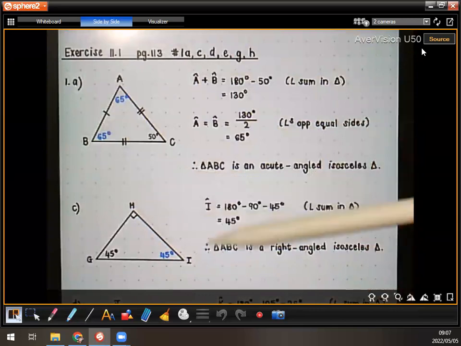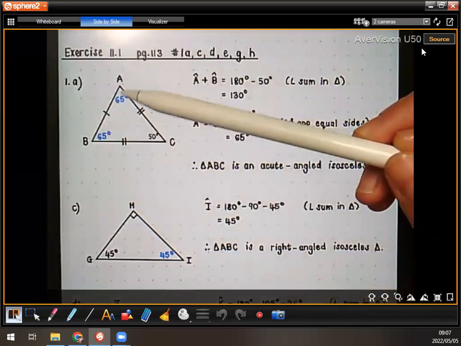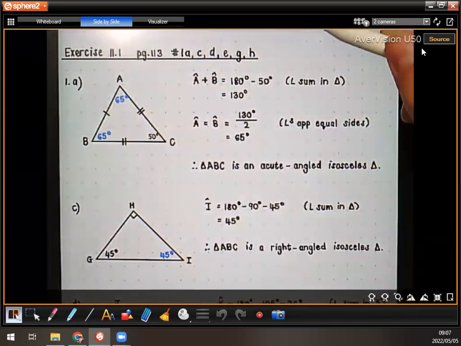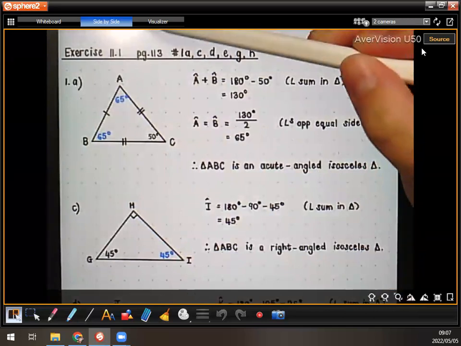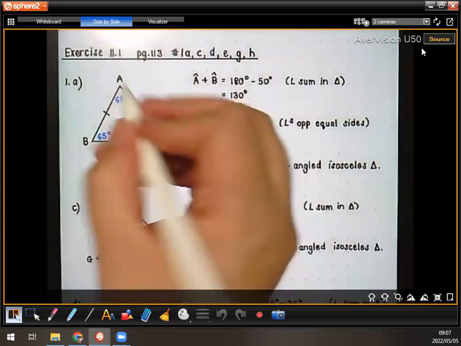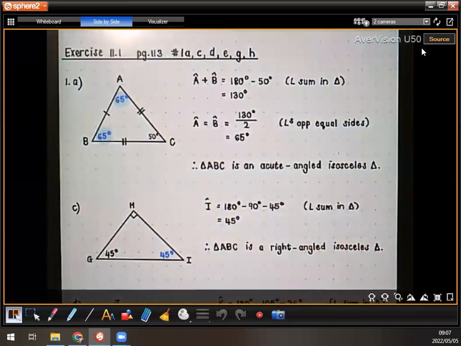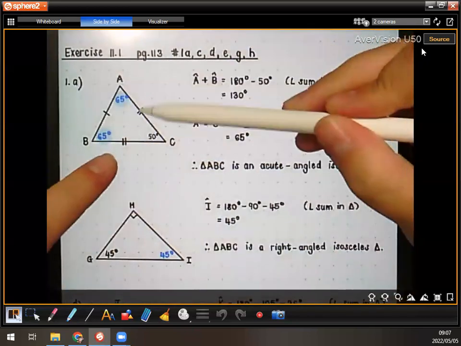But now when you have to say whether it's acute angled or obtuse angled or right angled, you do have to calculate those 2 angles. Now, this is a bit more difficult than the ones that we did yesterday because they only have given us 1 angle of the 3. But what do we know, guys?